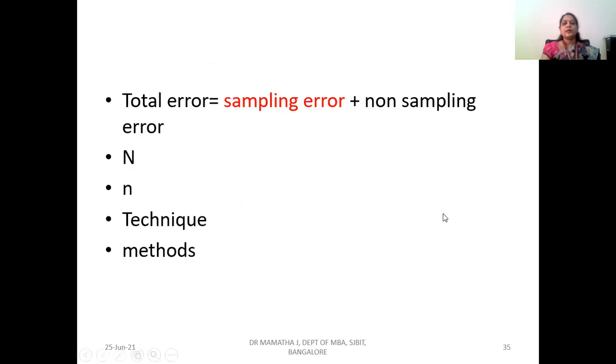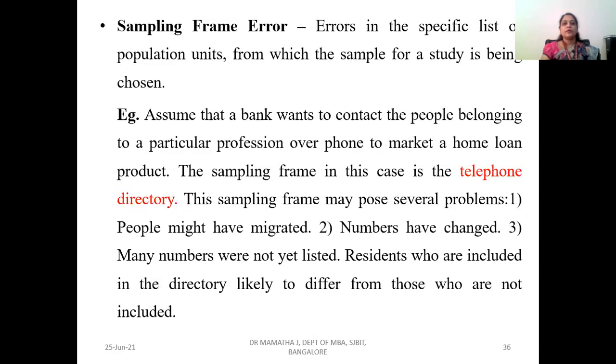Sampling error occurs whenever you are selecting a sample: while identifying the population, while calculating the sample size, while deciding on the sampling frame and sampling unit, or even in choosing the right method to select the sample. Wherever you go wrong, that type of error is called sampling error. Under sampling error, you have something called sampling frame error. As you know, a sampling frame is a list of sources.